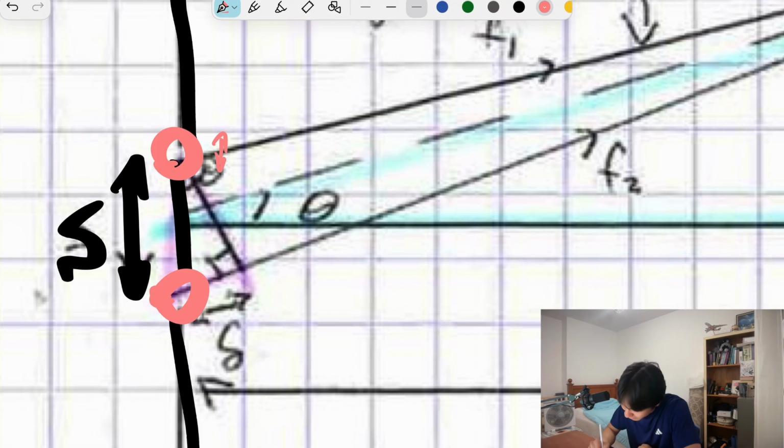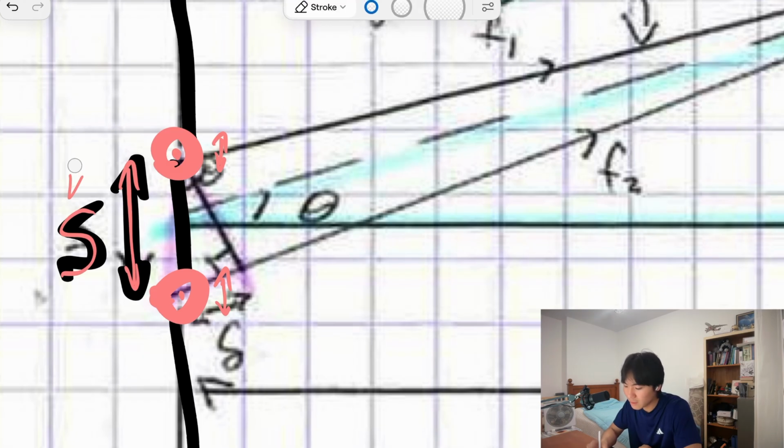We don't actually care about this size, but all we care about when we mention the double slit size is the distance between the center of each slit. That's all we care about. We don't care about anything else when it comes to the slit distance S, or maybe you're going to be given small d, but let's keep it as S for now.